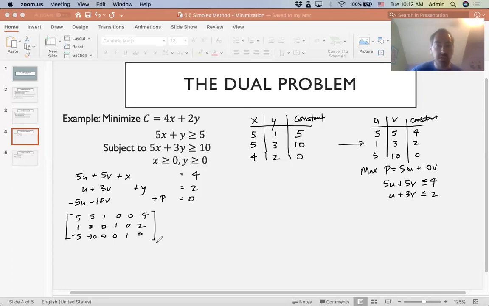Okay, so we'll start with the largest negative entry in that last row. Take the ratios 4 divided by 5 and 2 divided by 3. Now, 4/5 is 0.8, 2/3 is about 0.67 rounded. So we're taking the smaller of those two ratios, which is the 2/3. So we're going to use this as our pivot. We want that 3 to become a 1. We'll do that by multiplying by 1/3.